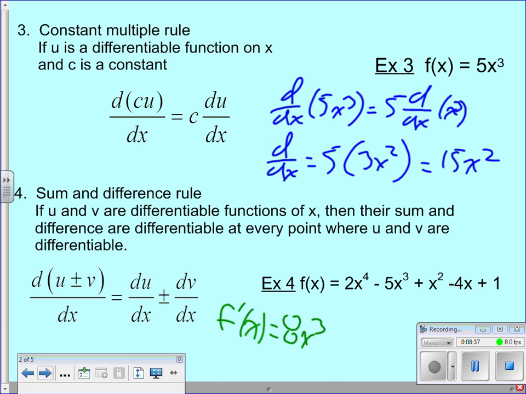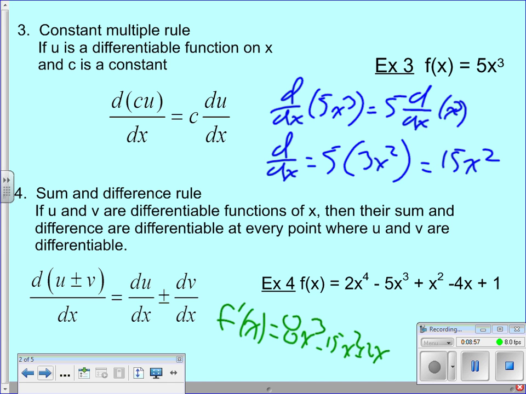Minus the derivative of 5x cubed, which you actually already did up there, so it's minus 15x squared. The derivative of x squared would be, what? 2x. Bring the power down in front, reduce it by 1, 2x.